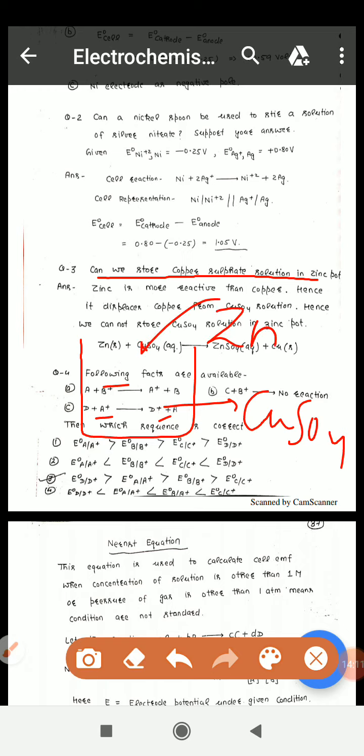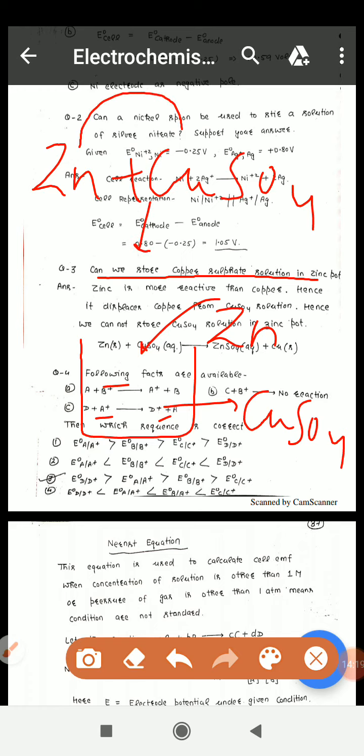Zinc is more reactive. How can we find out that zinc is more reactive? From the electrochemical series. The more reactive metal displaces the less reactive metal from its salt solution. So the compounds formed are zinc sulfate plus copper. It means that we are not able to store the copper sulfate solution in a zinc vessel.